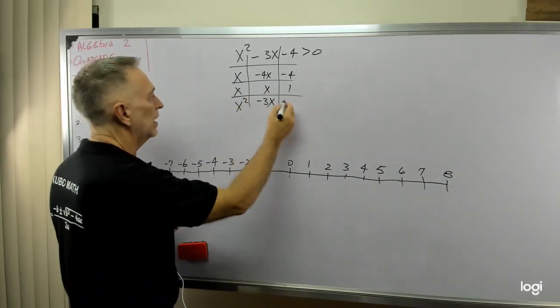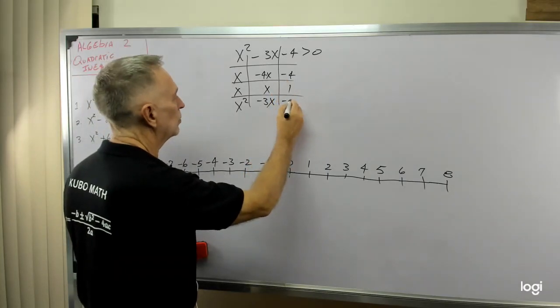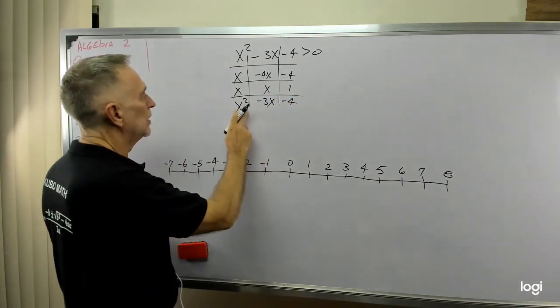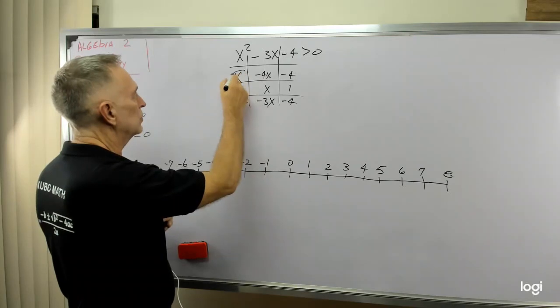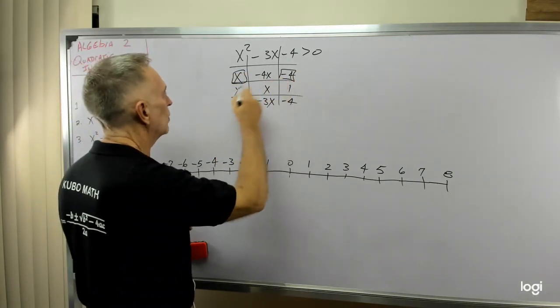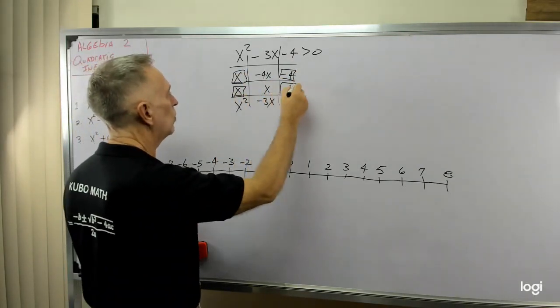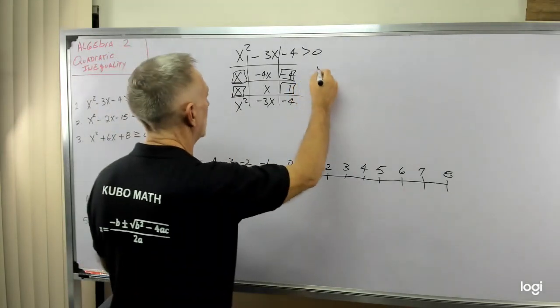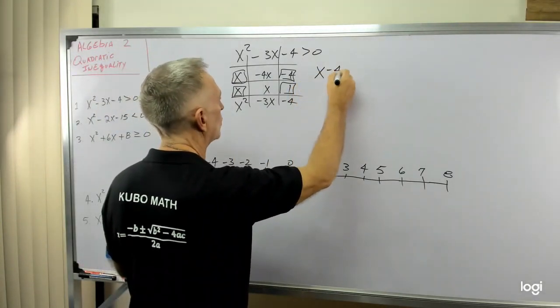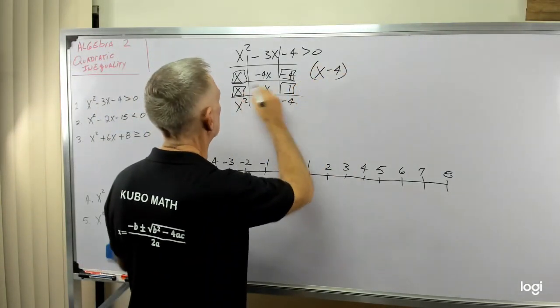Negative 4 times 1 is a negative 4. So these factors are x minus 4 and x plus 1.